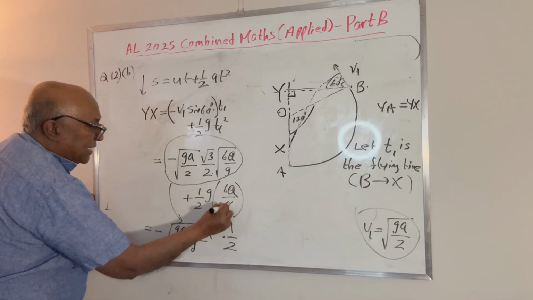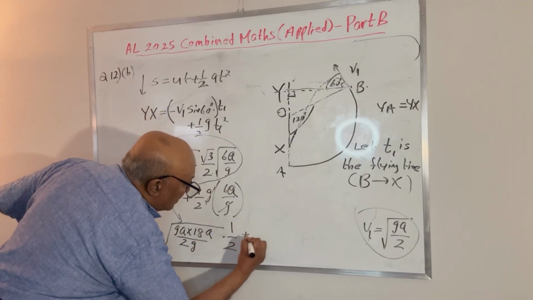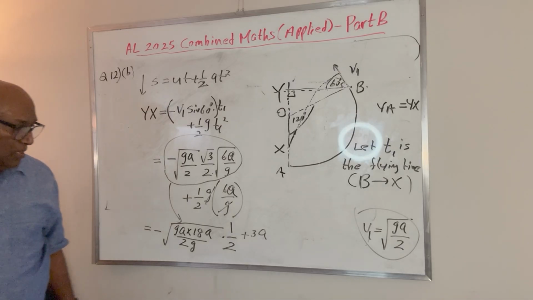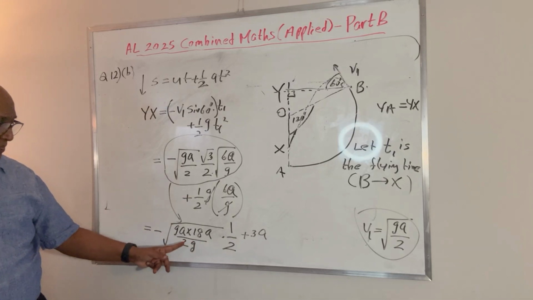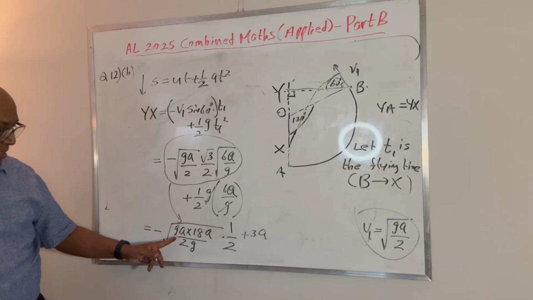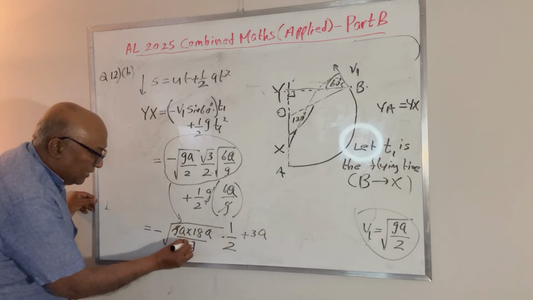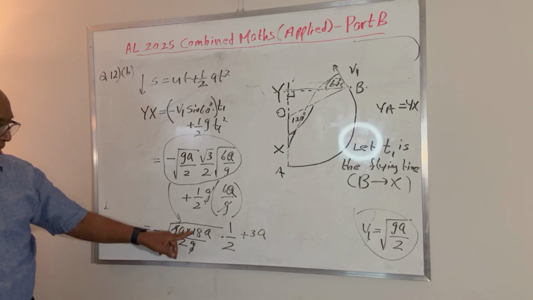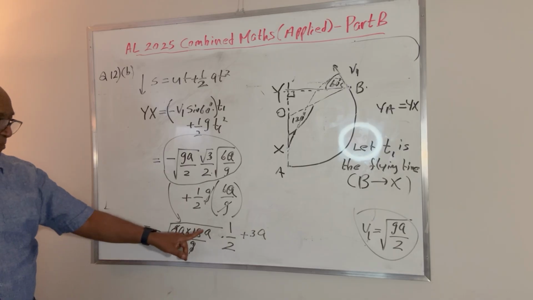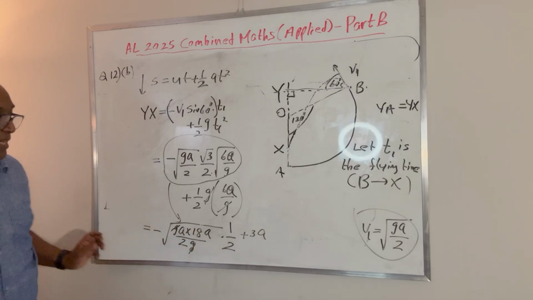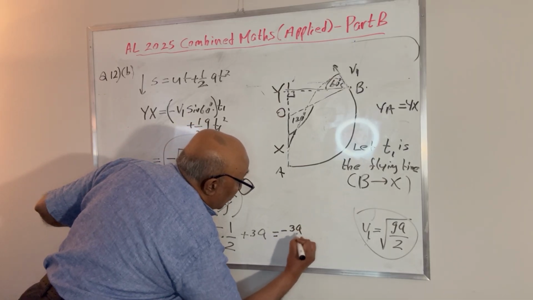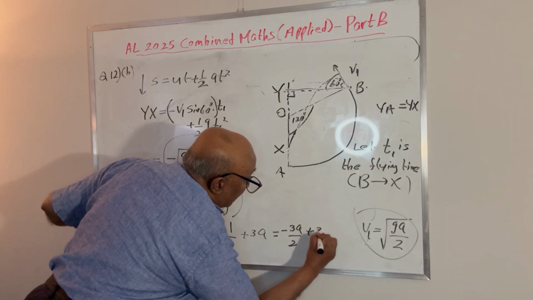What is the second part? g and g cancel, you are getting 3a. What do you get when you simplify this? g and g cancel inside. Then 18 over 2 is 9. Square root of 9a squared means 3a. So it is negative 3a divided by 2 plus 3a.